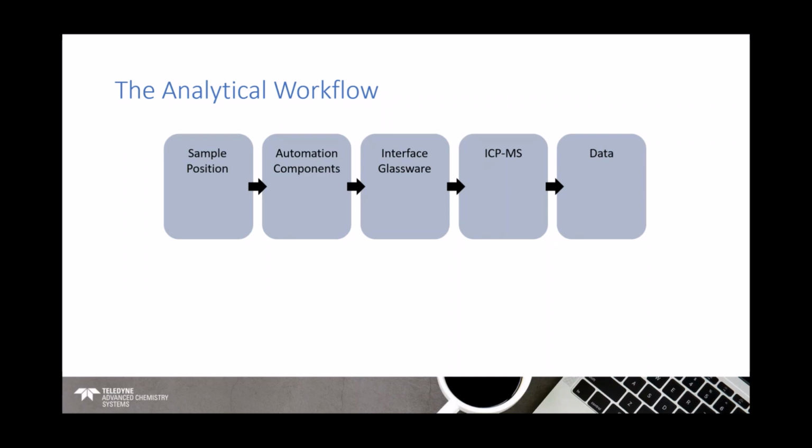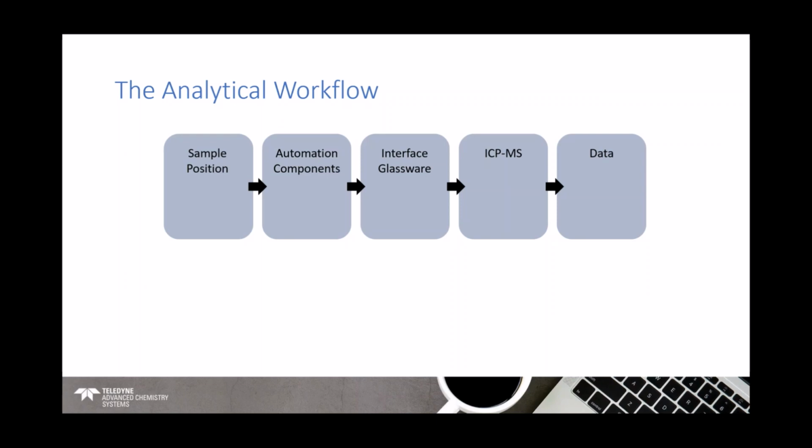That sample will then be carried through some automation components, tubing, a pump, etc. The sample is then carried through some form of interface glassware, which is typically a nebulizer and a spray chamber. So a nebulizer to generate fine droplets from the liquid sample, and then a spray chamber to filter those droplets according to size, so that you get a nice stable signal in your instrument, and then you capture your data. So that's typically what's going on here.